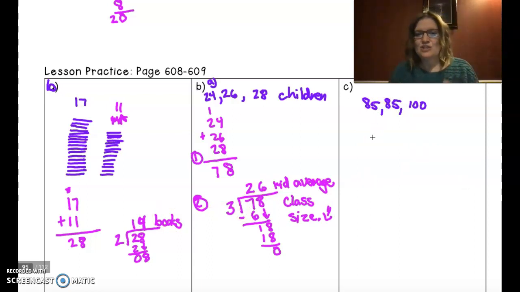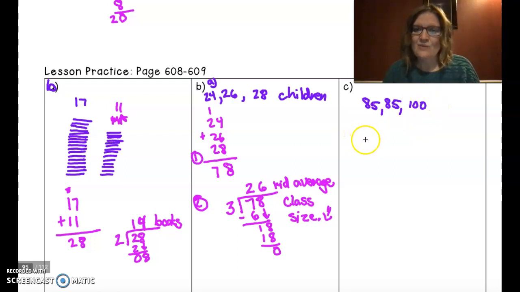Spencer, these are his scores that he's had on the first 3 games that he's played. 85, 85, 100. Now, if Spencer had 85, 85, and 85, guess what his average score would be? It would be 85, because these are all nice. They're all the same, but he scored 100.